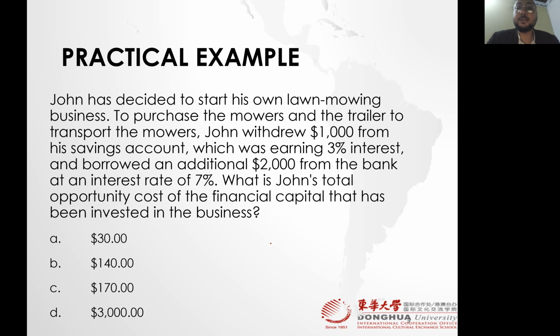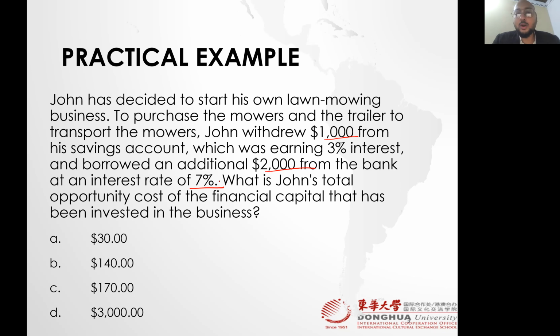John has decided to start his own lawn mowing business. To purchase the mower and a trailer to transport it, John withdrew $1,000 from his savings account, which was earning 3% interest, and borrowed an additional $2,000 from the bank at an interest rate of 7%.